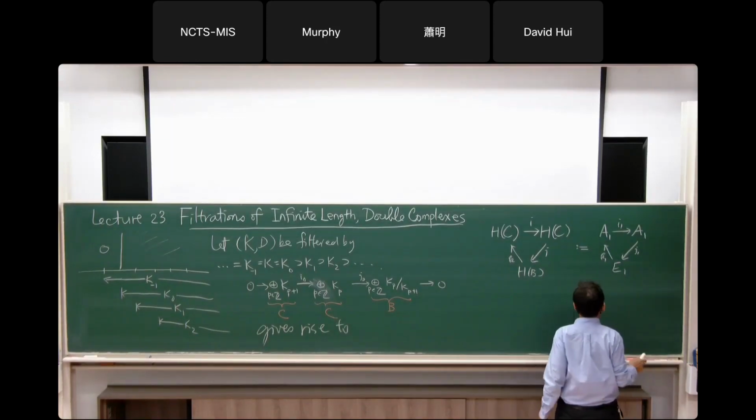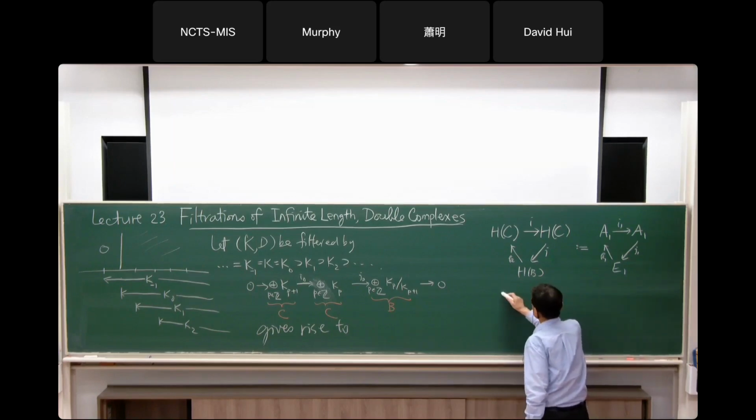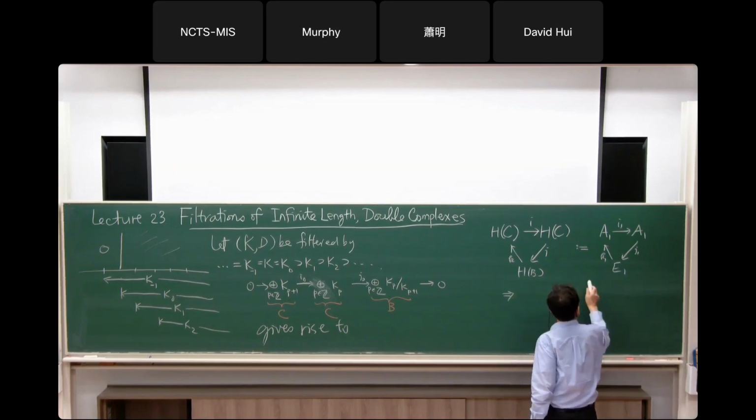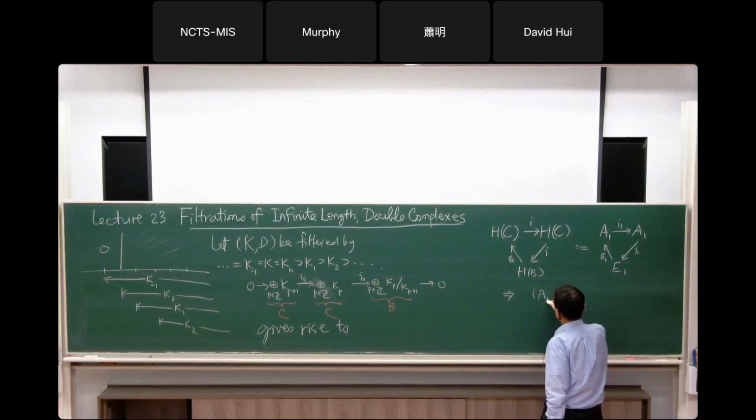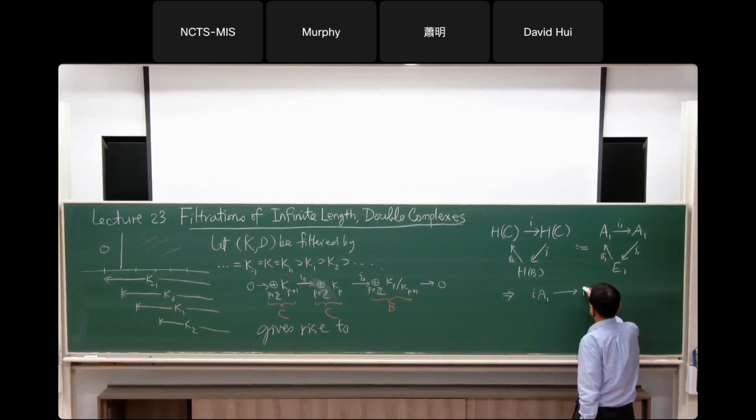And then you can take derived couples. So the derived couple would be IA1 going to IA1 going to H of E1.